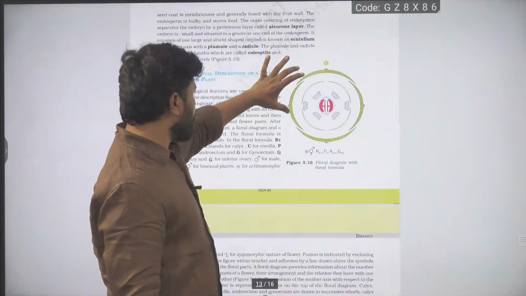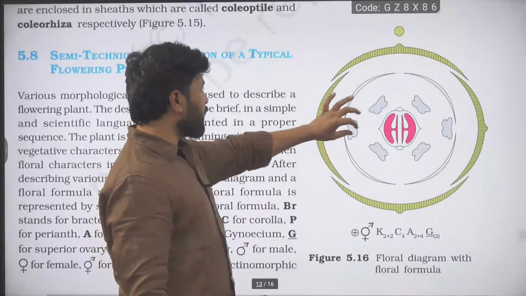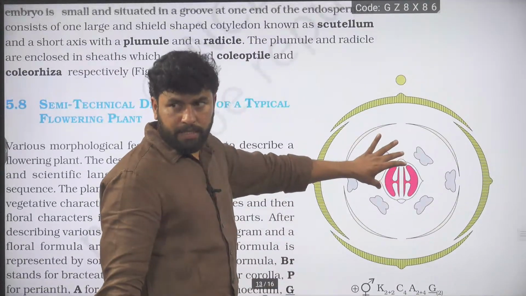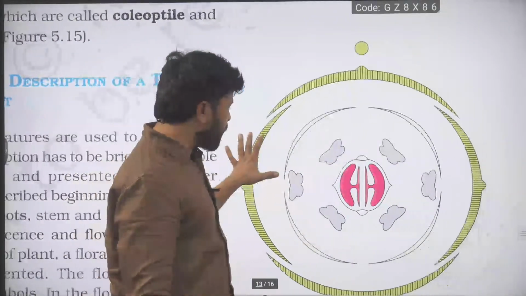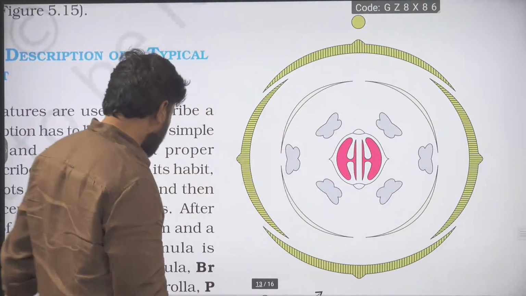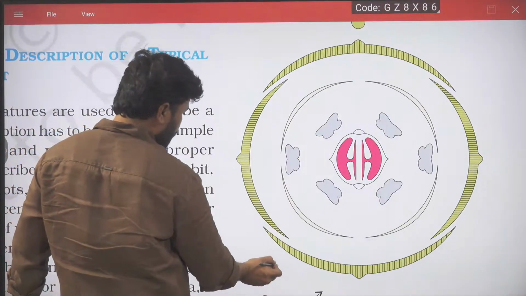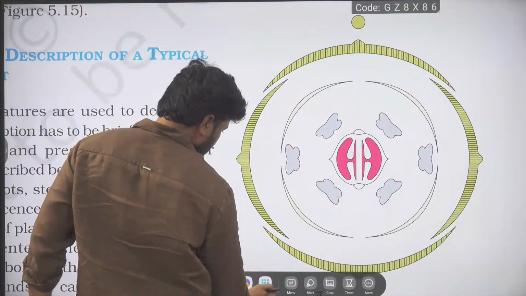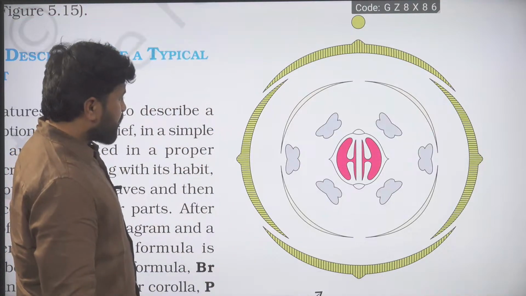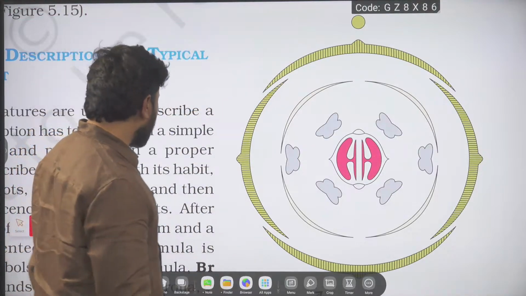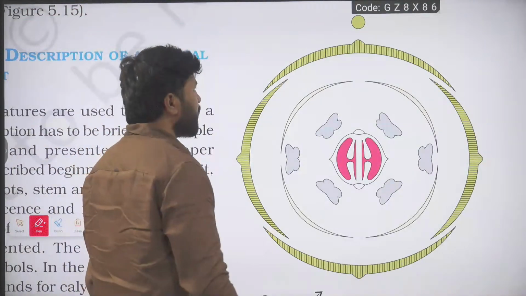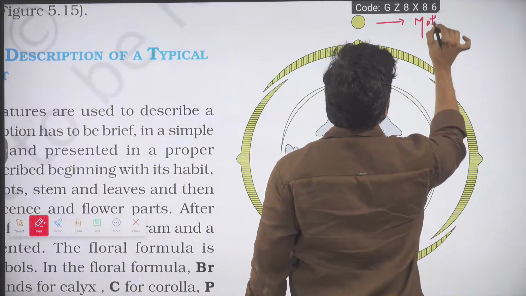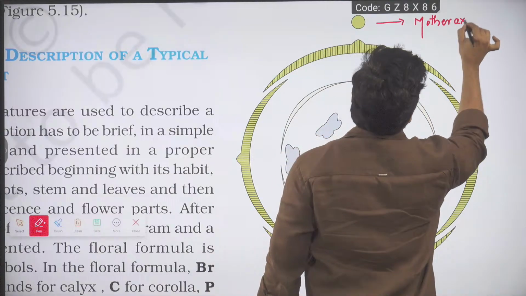Next one, this is the floral diagram. Whenever we talk about the floral diagram, what are the things we need to remember? See, in the floral diagram, there is a dot on one side. Do you remember what this dot represents? This dot represents the mother axis.